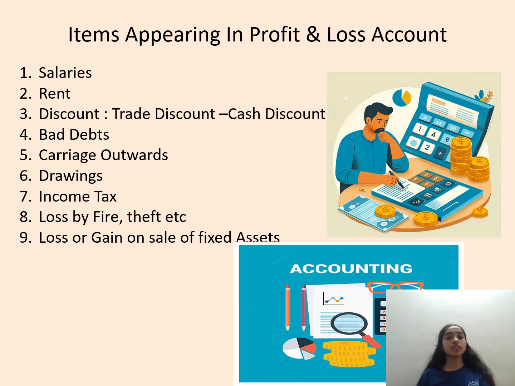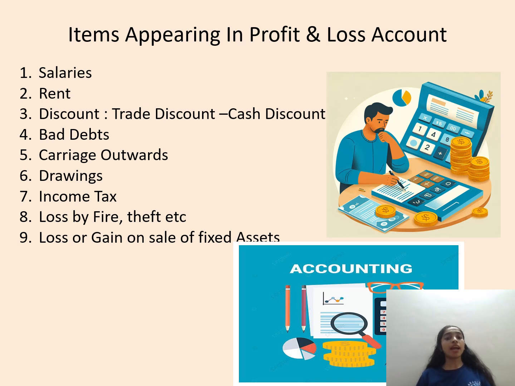Next is theft. Similar to loss by fire, theft results in abnormal loss and it is debited in the profit and loss account. Next is loss or gain on the sale of fixed assets. Loss is debited in the profit and loss account as an expense. Gain is credited as income.